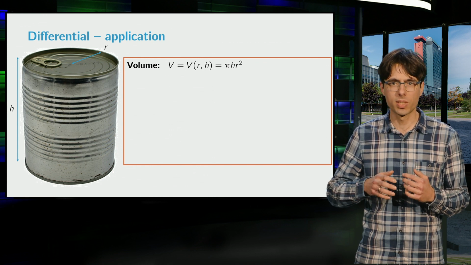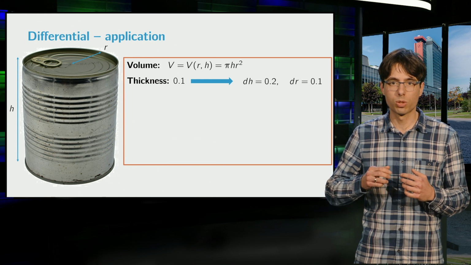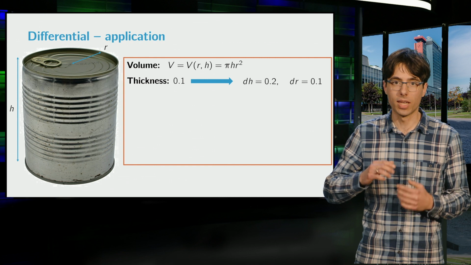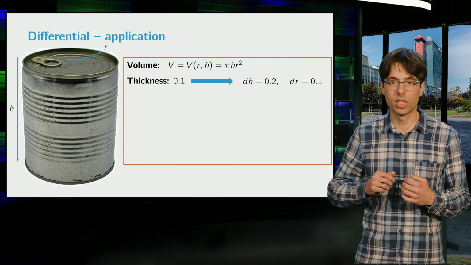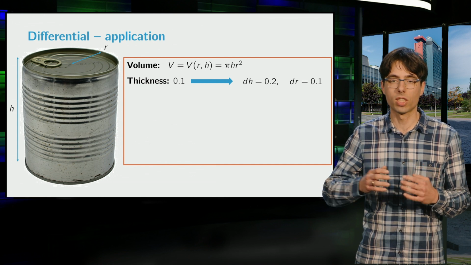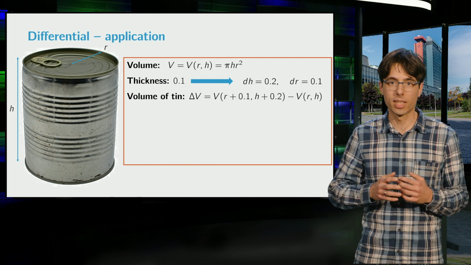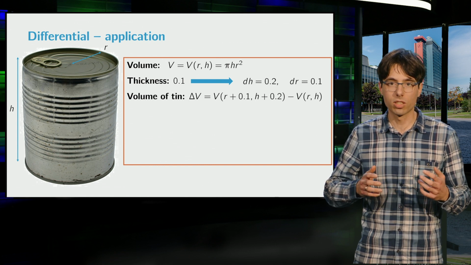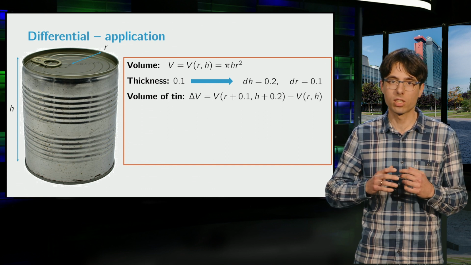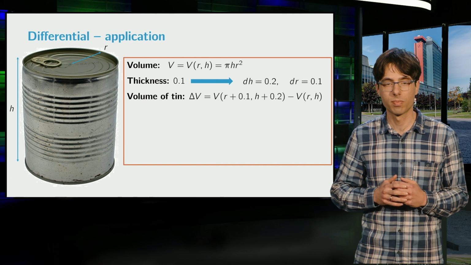Now if we assume the can has a thickness of 0.1, then this corresponds to a small change dh equal to twice 0.1 in the height of the can and a small change of dr equal to 0.1 when going from the inside to the outside of the can. So the volume of metal needed to fabricate the can is given by the formula you can see on the slide. We could compute this exactly, but for this example let's consider the approximation provided by the differential.